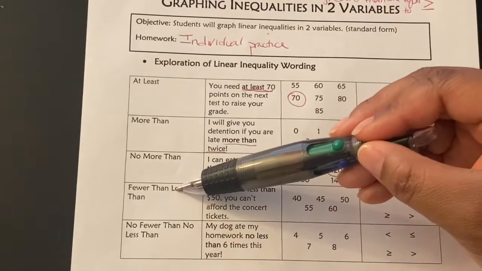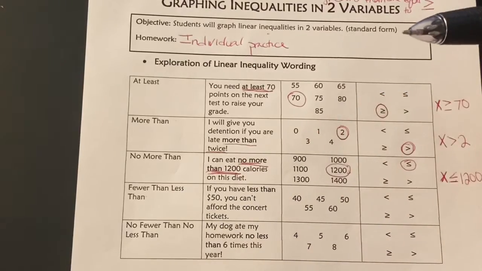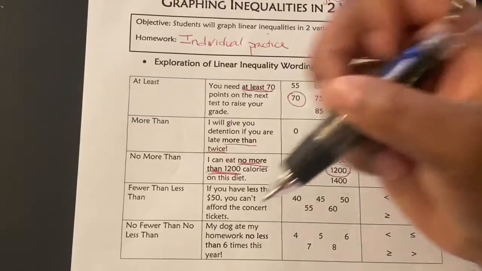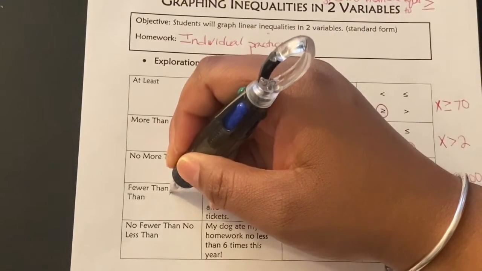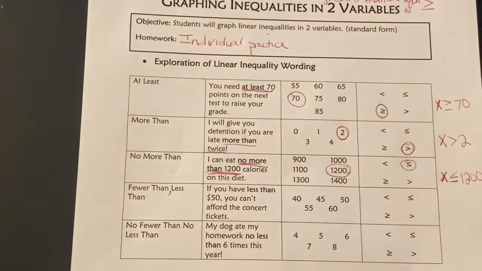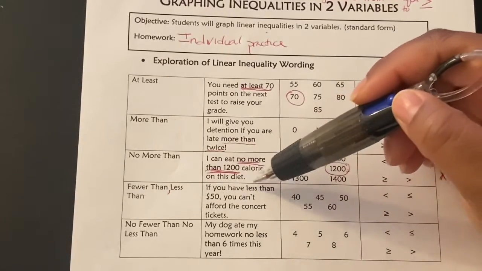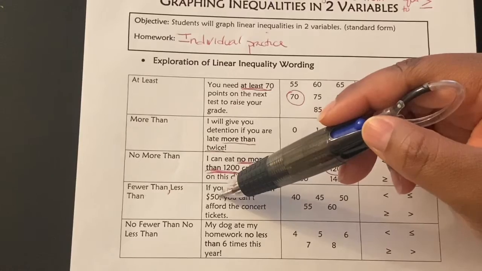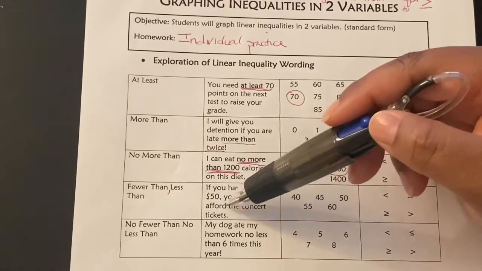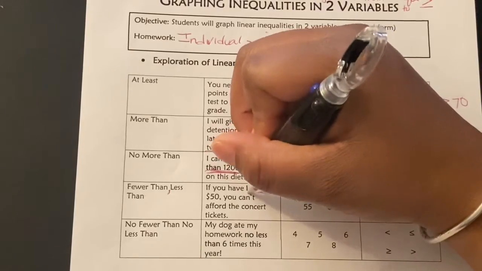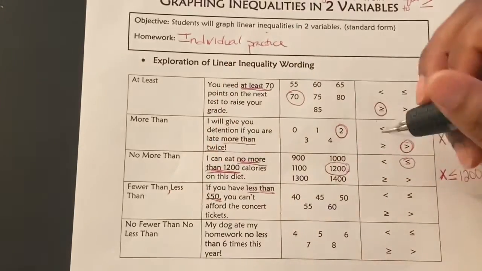Okay, fewer than, less than. Less than or fewer than is the same thing. It's two phrases that mean the same thing. If you have less than $50, you can't afford the concert tickets.